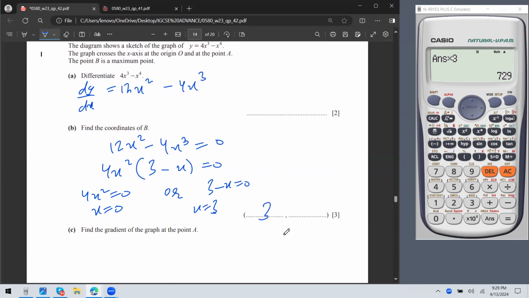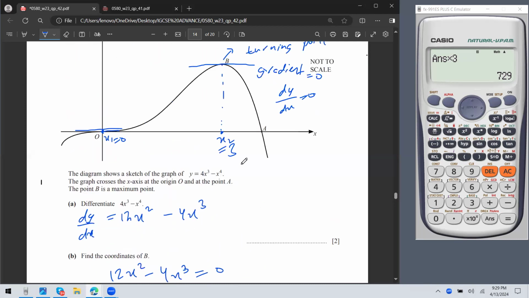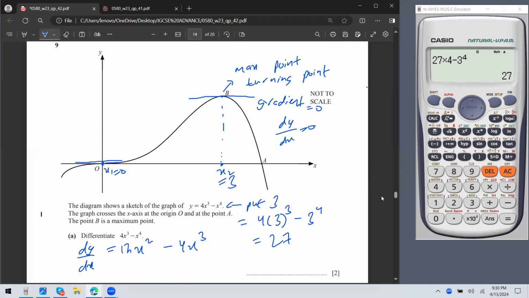Now, what about the y coordinate? Simple. You just need to put this 3 in the curve equation. Here, put 3 because y coordinate will come from the curve equation. So 4 times 3 cube minus 3 raised to power 4. 27. So the B coordinates are 3 and 27.